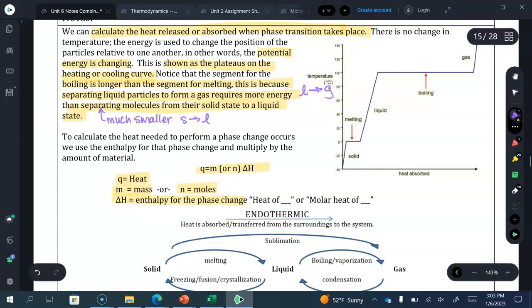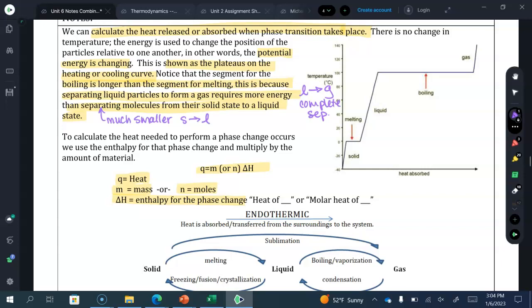Liquid to a gas, you are having complete separation. So you have to completely overcome all of the intermolecular forces present within that substance. Whereas for a solid to a liquid transition, you just have to kind of weaken them so that the particles can flow past each other, but they're still interacting.